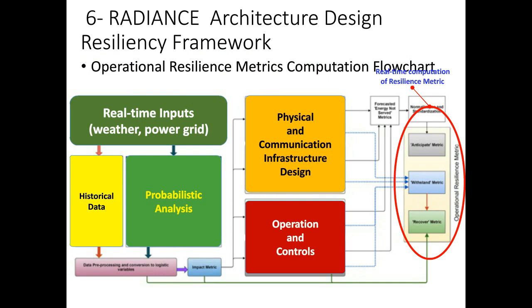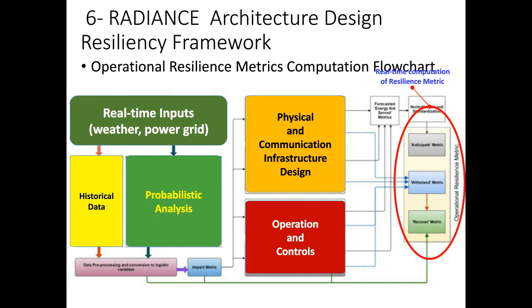This is the multi-tier resiliency approach. Resiliency in this case is a function of the anticipation, the withstand, and the recovery in order to compute the resiliency metrics itself, and also take into account the real-time input information such as weather information, avalanche information, or weather conditions, takes into account historical data and the probabilistic analysis data, and uses all this information in order to compute the real-time resiliency metrics and makes a decision based on these resiliency metrics how to reconfigure the system.